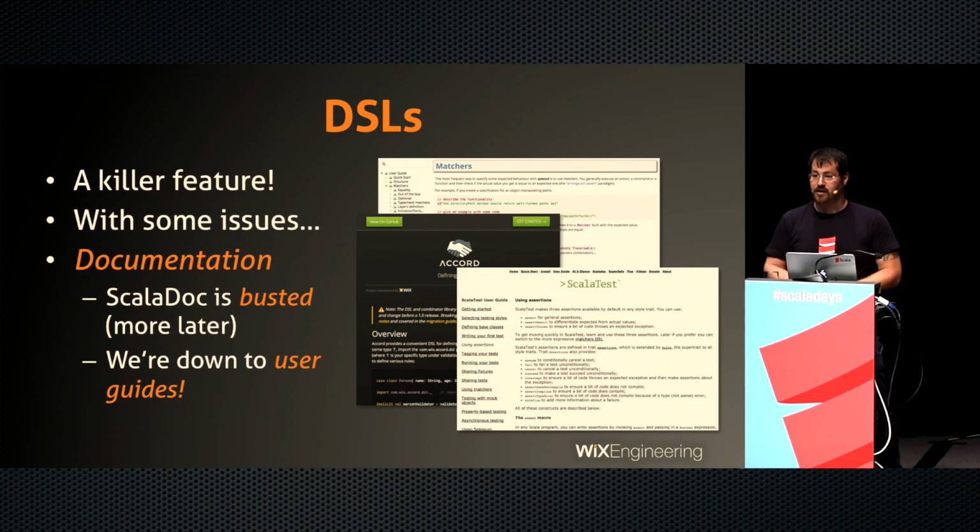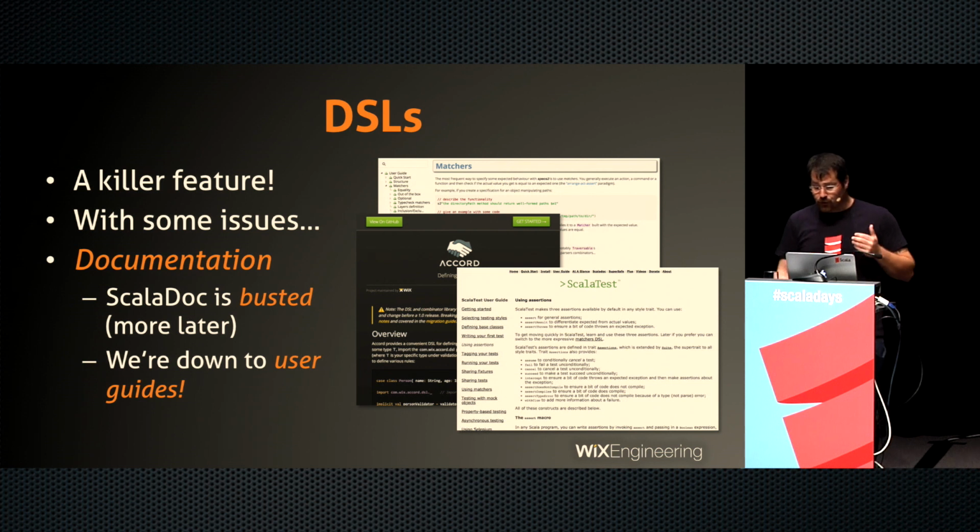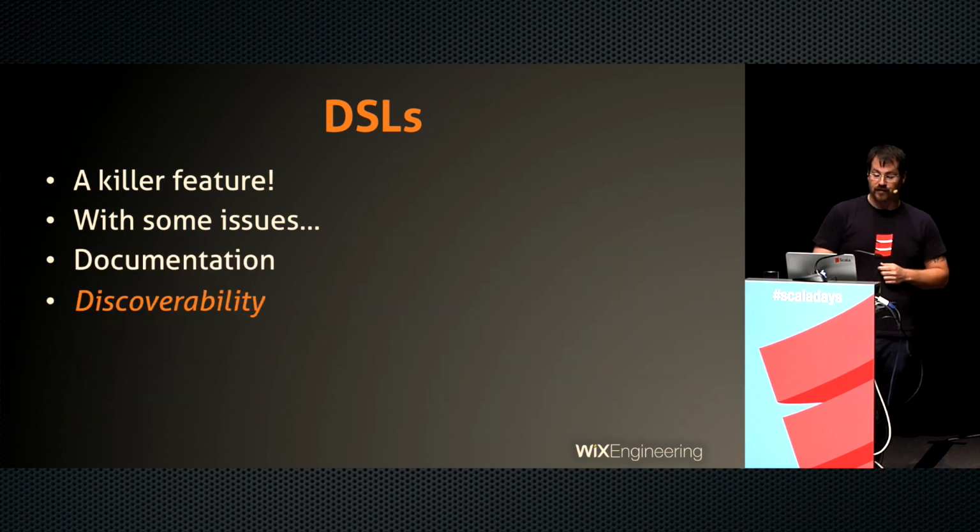This is a bit of a problem because user guides are fundamentally ad hoc, right? There is no standardized and formal way of writing user guides. It's just text and markup. You can do anything you like with it. So that tends to cause people some issues around discovering the user guides and reading through them and finding the right sort of material.